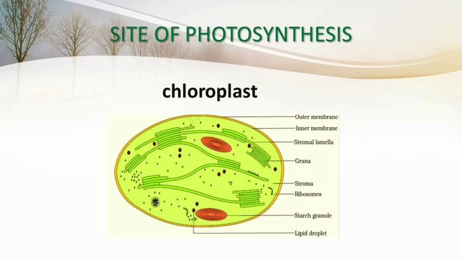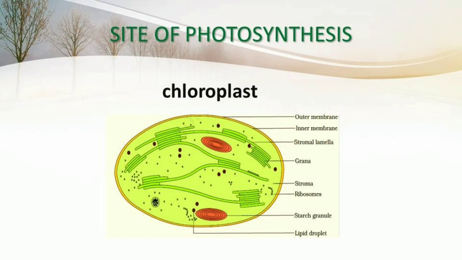Now let's see the site of photosynthesis, where photosynthesis occurs. We know that it occurs in green leaves and particularly in chloroplasts. If we look at the structure of chloroplast, there is an outer membrane, inner membrane, and in the chloroplast we see grana. There the thylakoids are arranged. These grana are connected by lamellae and the fluid inside is stroma.